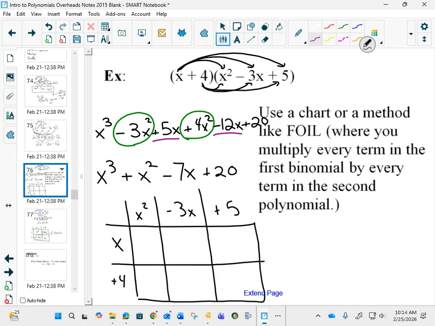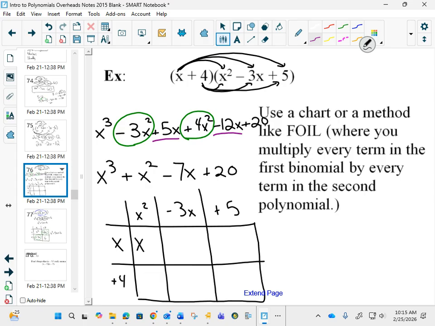It really is clear to see that way. And the nice thing about the chart method is that you don't forget where you're at. You don't forget which ones you've done and which ones you haven't done. The reason why people don't like the chart method is it takes so much space in my notes. I mean, it's bigger. The arrows seem smaller. But you get exactly the same answer.